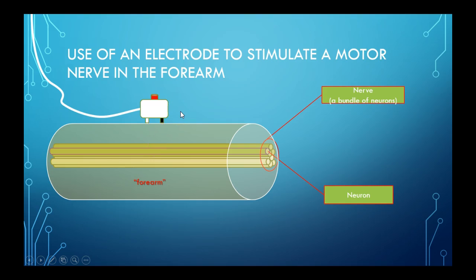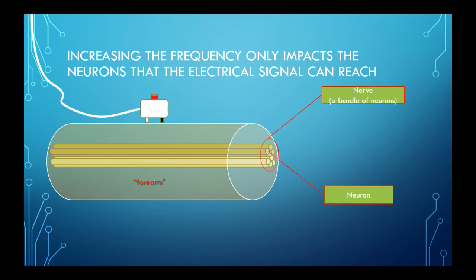Every time we activate the stimulator, we activate that same population of neurons. If we increase the frequency, then what we see is that we get greater or more frequent responses from the motor neurons, which leads to more frequent responses from the muscle cells.